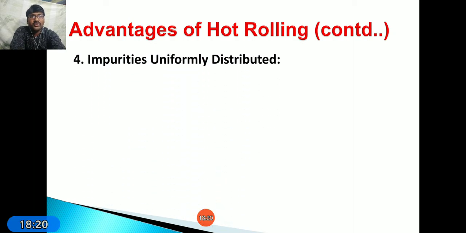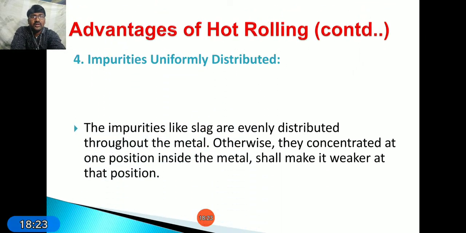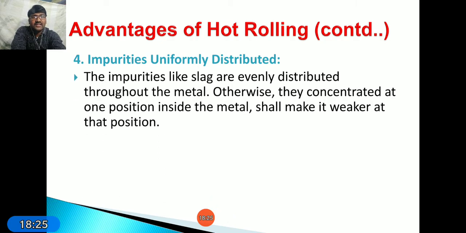Next, impurities are uniformly distributed. Impurities like slag are evenly distributed through the metal, otherwise they would be concentrated at one position inside the metal, which would make it weaker at that position. These impurities are defects caused in the steel making process.